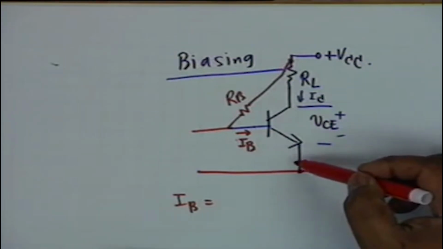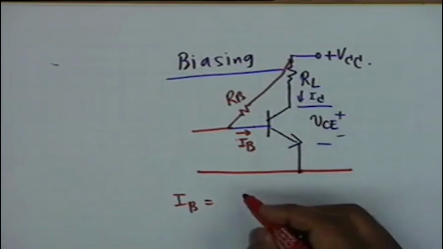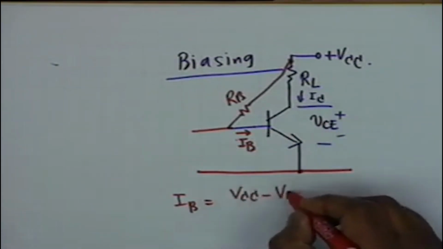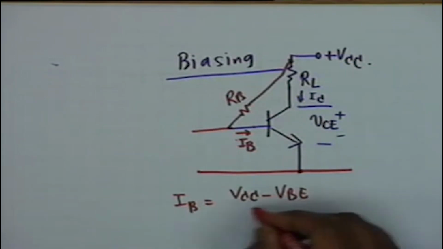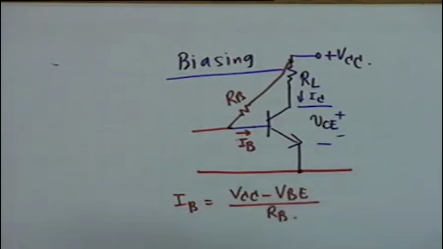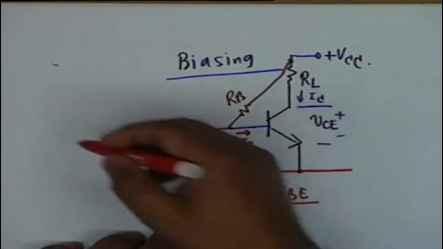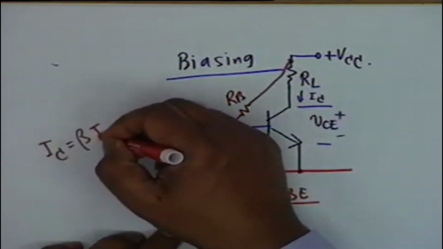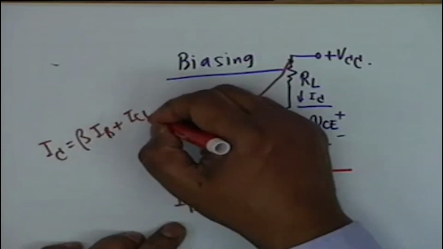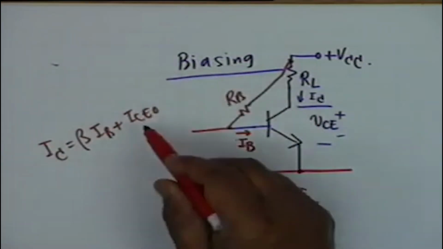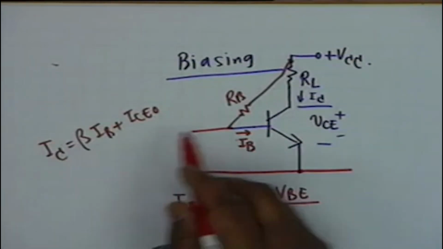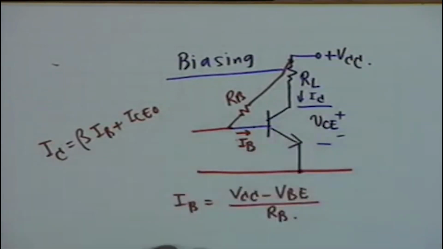And if you recall the DC equivalent circuit, it is 0.7, and therefore this will be VCC minus VBE, which is 0.7, divided by R sub B. Alright, and the job seems to have been done. This will be IB, beta times IB plus ICEO shall be I sub C. I sub C will be beta times IB plus ICEO, which normally is negligible, and therefore if you know the beta of the transistor, you know what is I sub C.